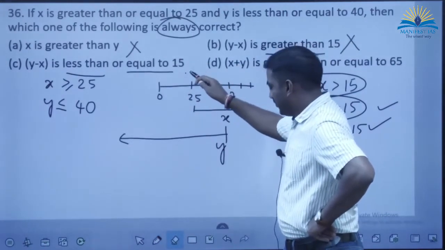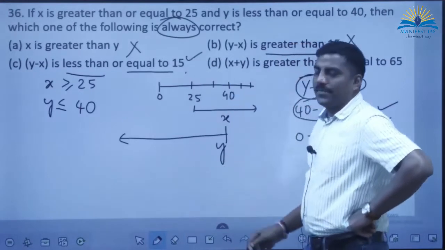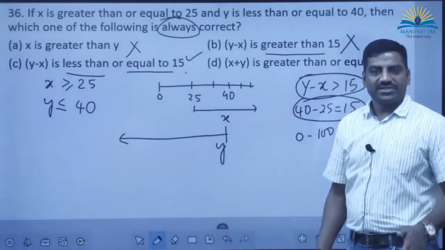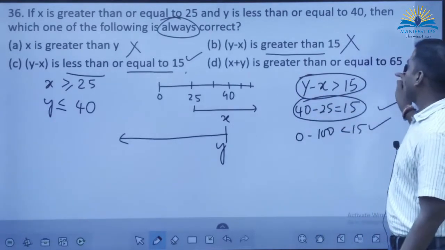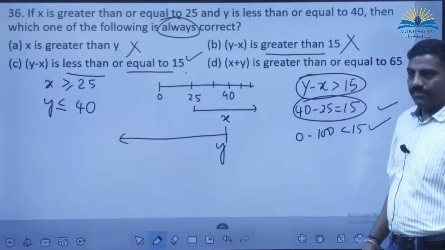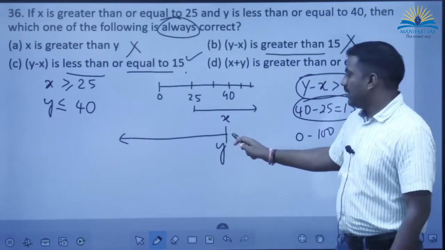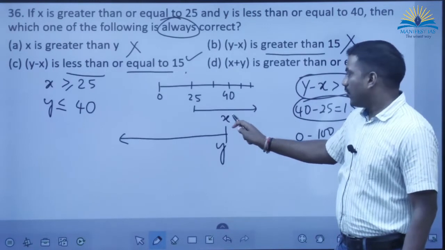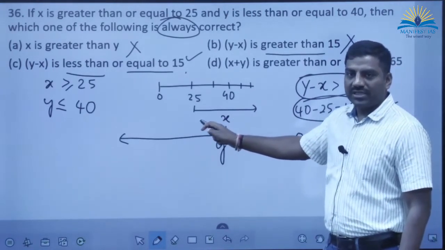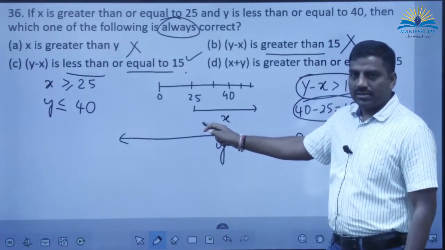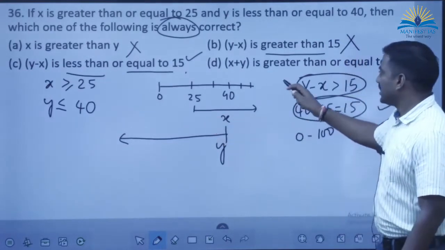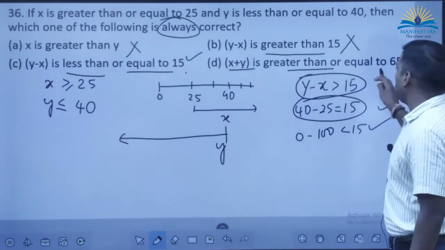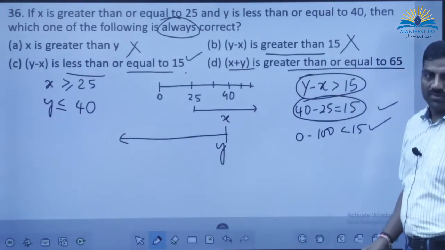Sometimes the brain fade. This is correct. Then you need not check this. But if you want to check, you can check. X plus y is greater than or equal to 65. The best value of this is what? 40. The worst value of this is? So they are asking what? X plus y is greater than or equal to 65. It cannot be.